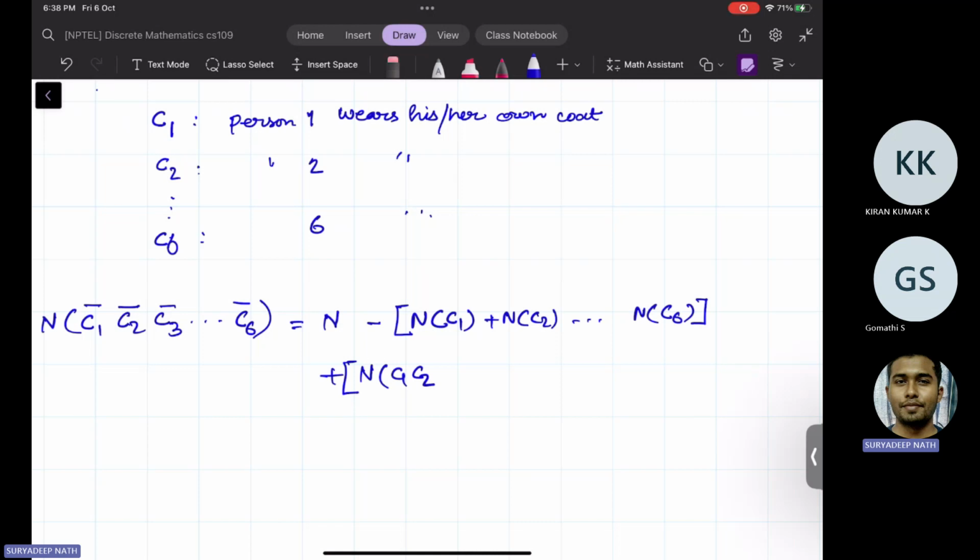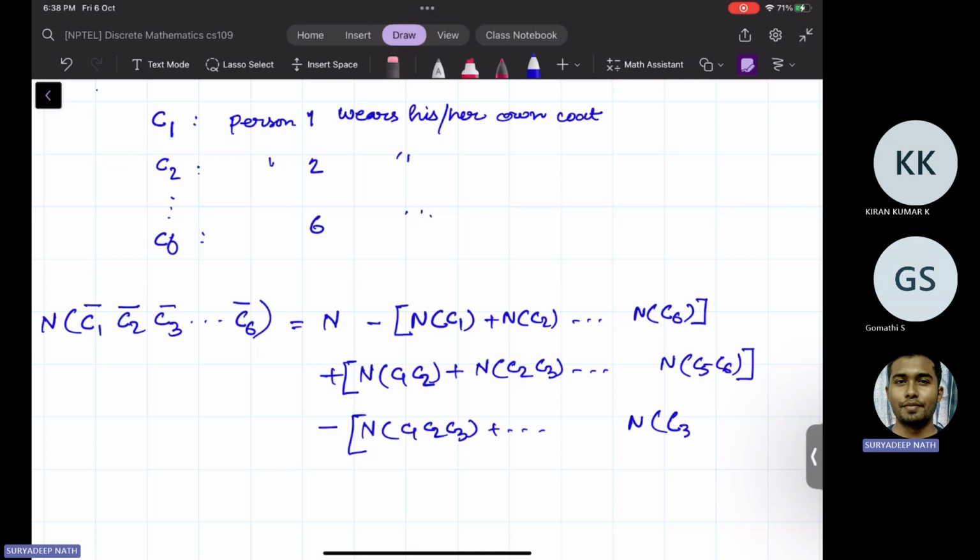So that is N(C1, C2), N(C2, C3), and so on, let's say N(C5, C6). Then we subtract again, taking three at a time: N(C1, C2, C3), and so on, up to N(C4, C5, C6).